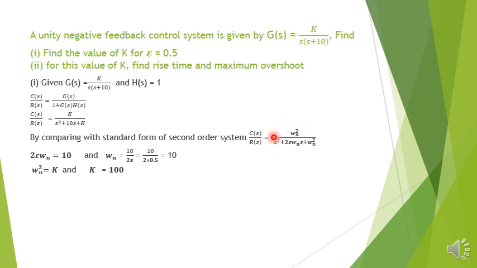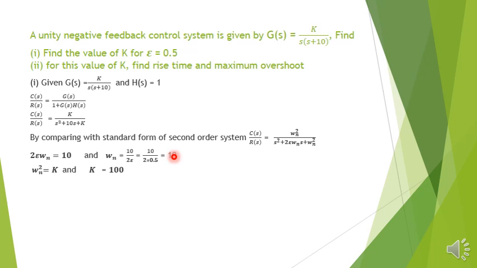Comparing, 2 zeta omega n is the coefficient of S, which is 10. So 2 zeta omega n equal to 10, and omega n is equal to 10 by 2 into 0.5, that is equal to 10.